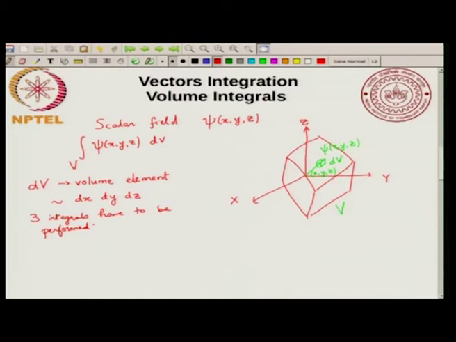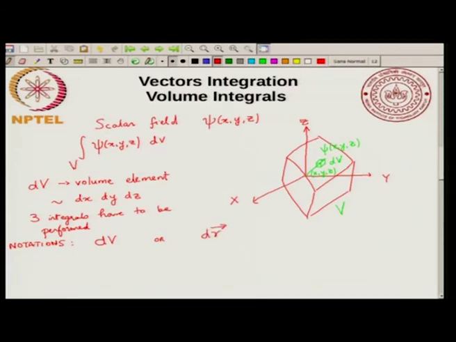So in general you can write this in different ways. Sometimes instead of dV, the symbols used vary. So, the commonly used notations are dV or dr vector.